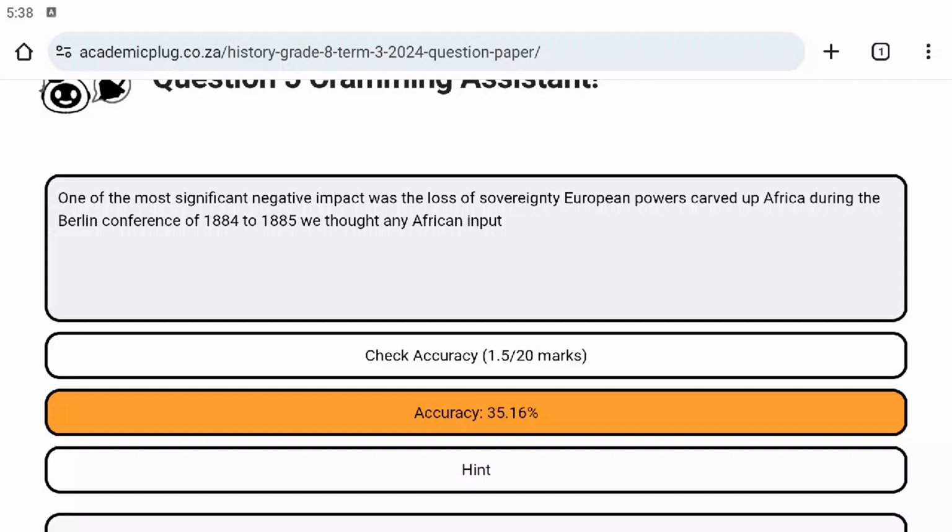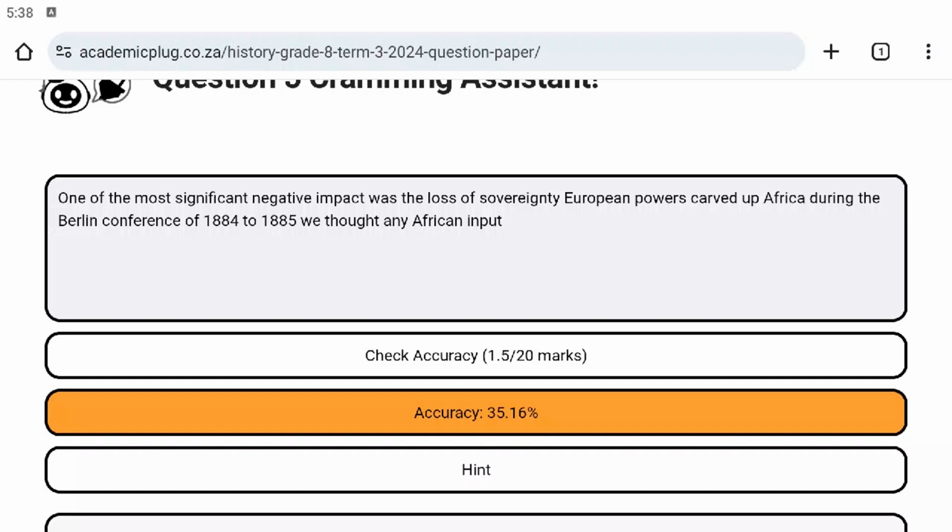So, bring a definition that you're trying to cram, bring a sentence that you're trying to cram, into some sort of a visual aspect, right? If you can attach some visual aspect to the Berlin Conference, it will be very hard for you to forget it.